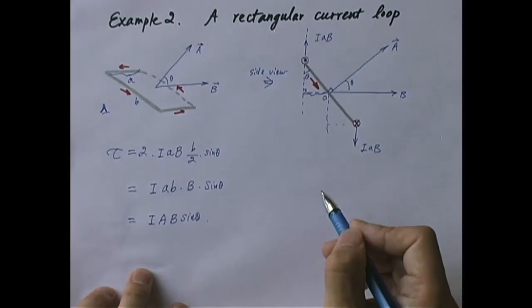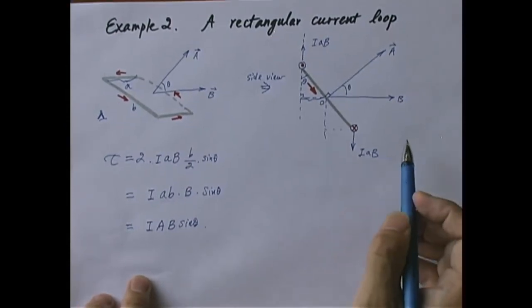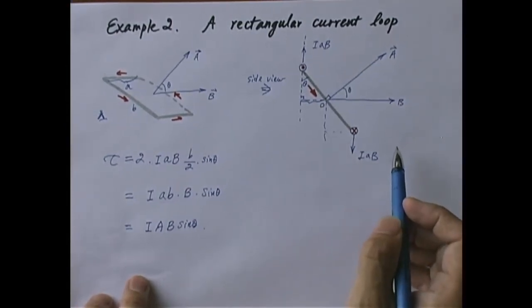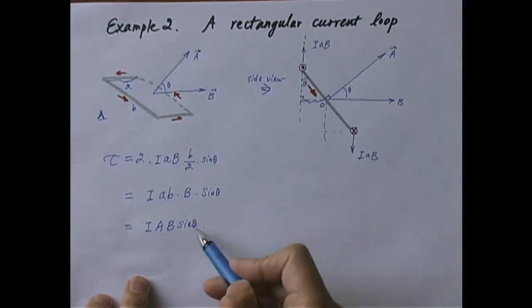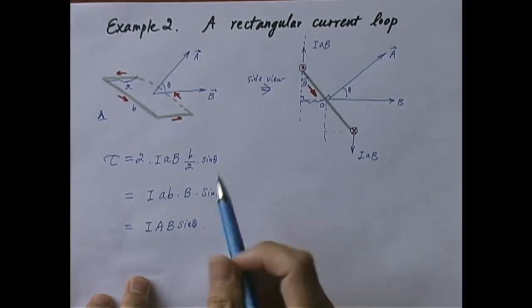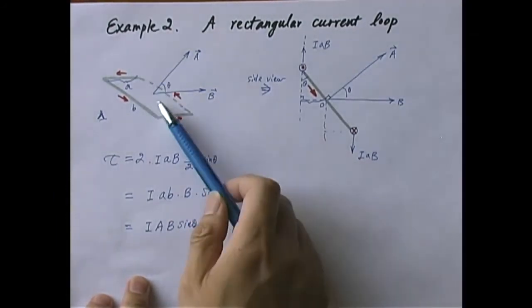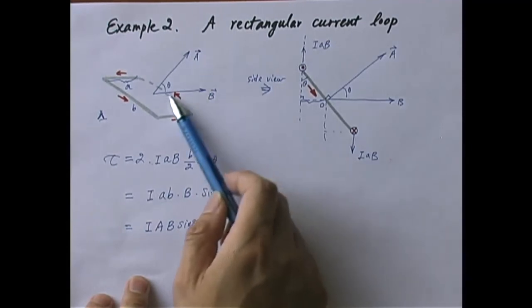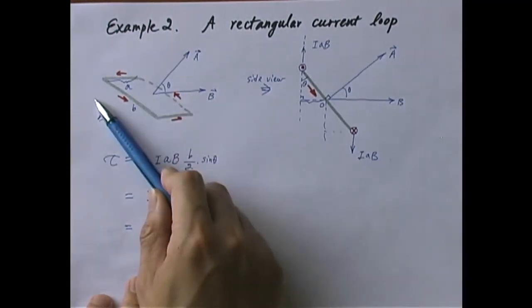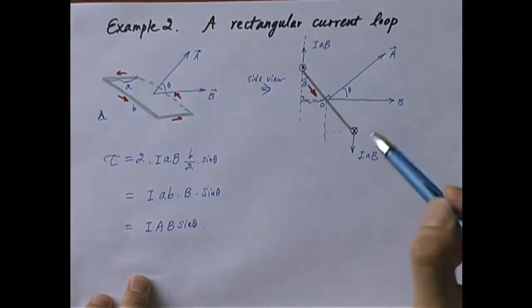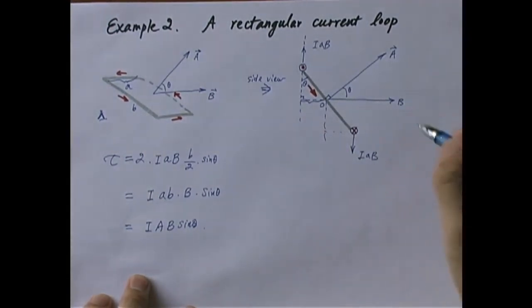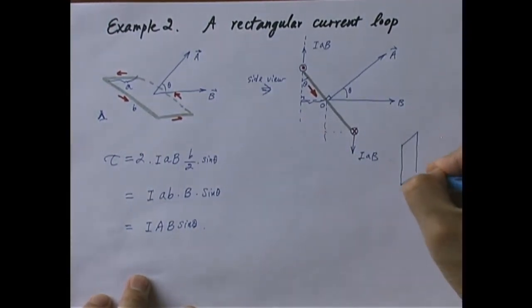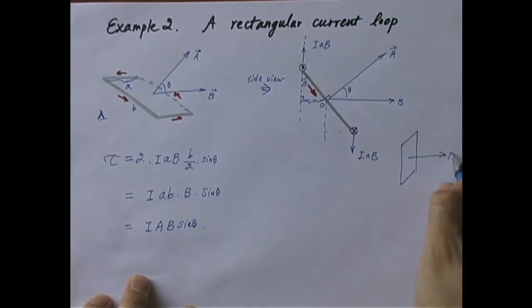There exists a magnetic torque on this current carrying loop. The torque wouldn't be 0 unless sine theta is 0. And that can only happen if the loop points, in other words, this vector A points either along B or anti-parallel to B. In other words, that only happens when the loop is oriented perpendicularly to the magnetic field.